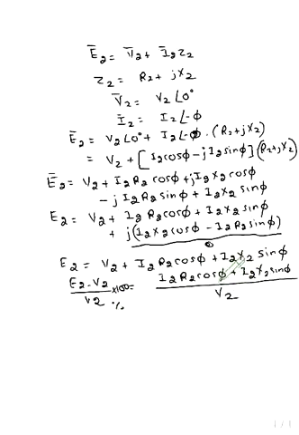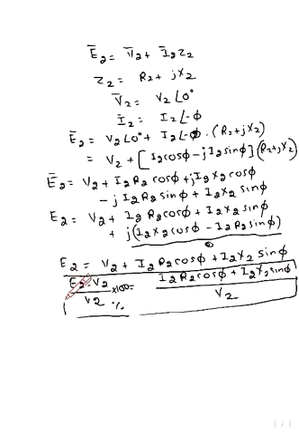So we neglect the imaginary part, and we find the expression will be E2 is equal to V2 plus I2 R2 cos phi plus I2 X2 sin phi.